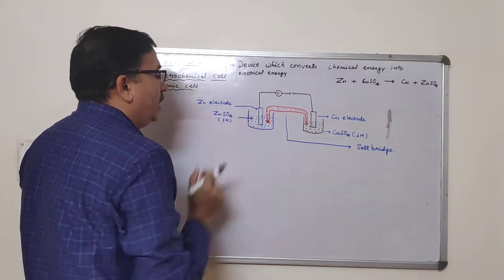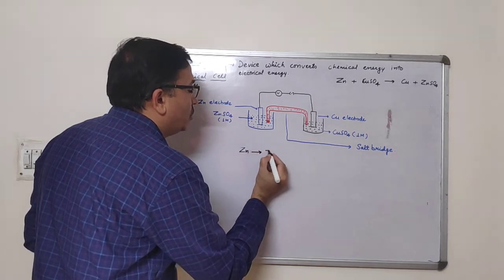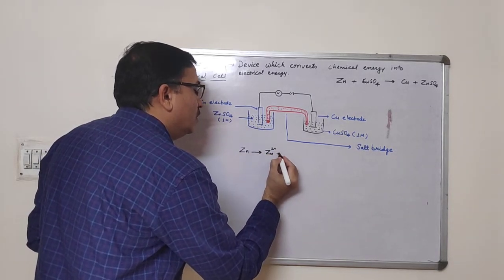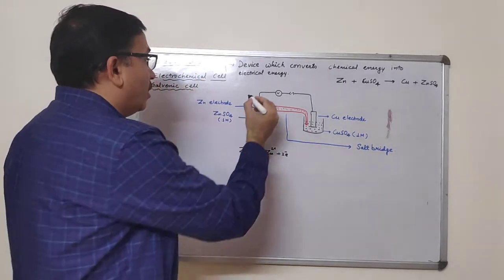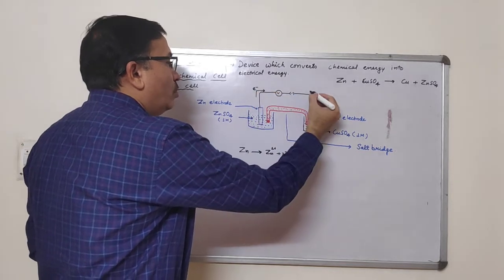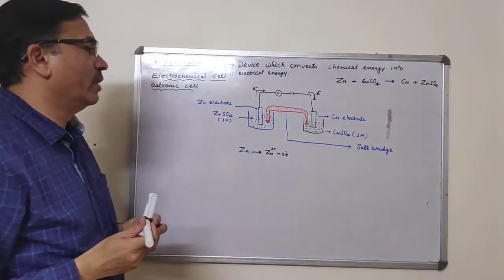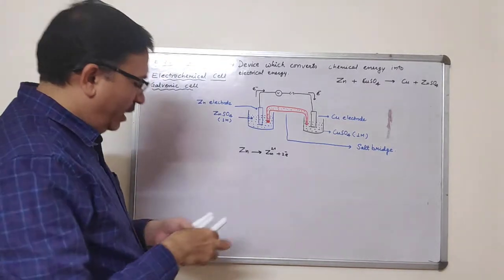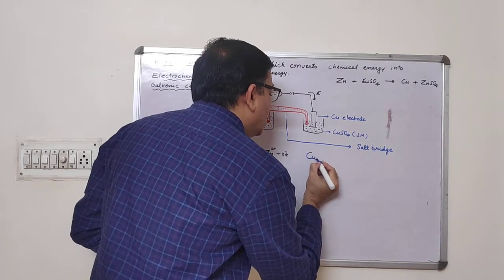At the zinc electrode, zinc converts into Zn2+ and 2 electrons, and these 2 electrons start to flow from the zinc electrode to the copper electrode. When they reach the copper electrode, what happens?